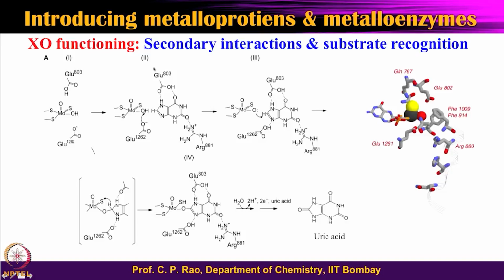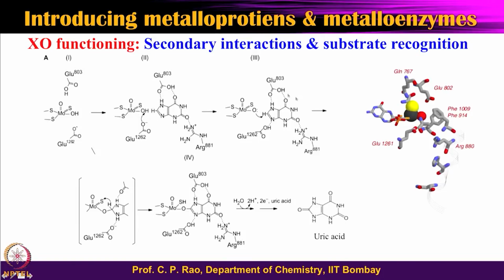It knows this position because this particular substrate is held by this glutamate on one side and arginine on the other side, all through hydrogen bonds. The hydrogen bonds extended by the side chain of this glutamate and the side chain of this arginine recognize and position the substrate exactly at this place, so that O can attack on this.